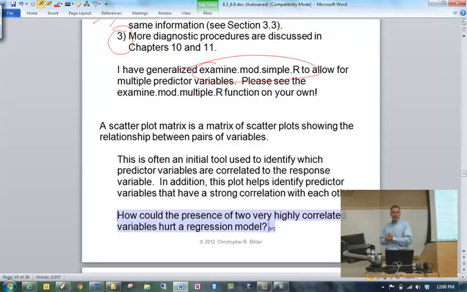This one's called examine.mod.multiple, and it's in the corresponding file. Let me restate that. I have a function called examine.mod.multiple in the examine.mod.multiple.r file that will allow you to do a lot of these plots really simply.